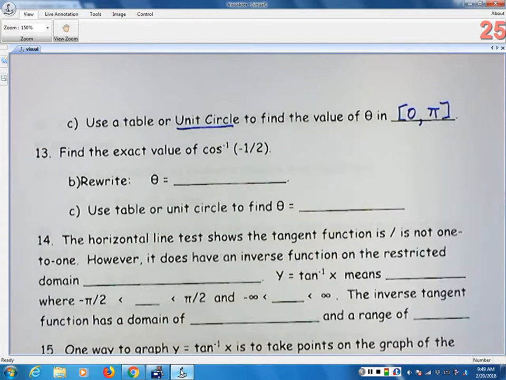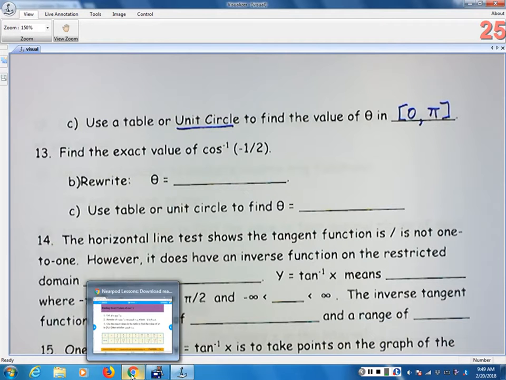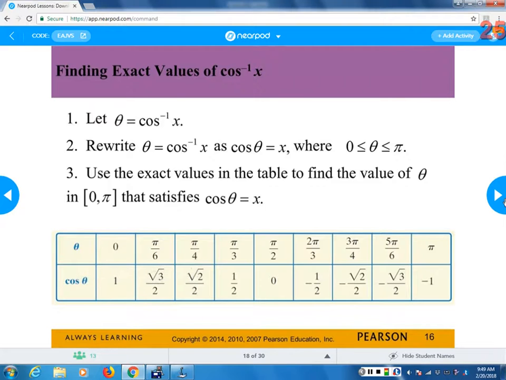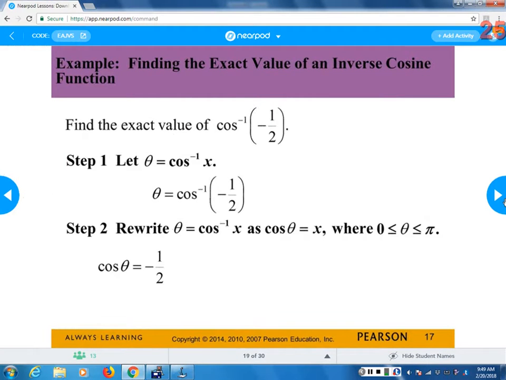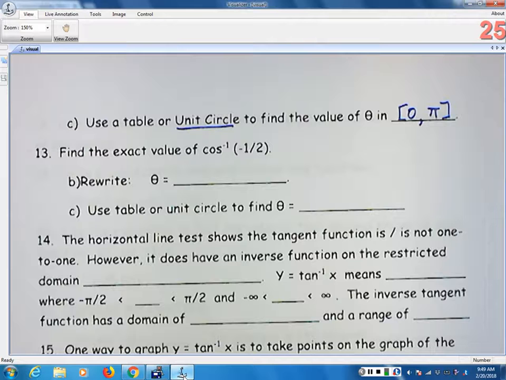So here's an example. We're going to find the exact value of inverse cosine of negative 1/2.